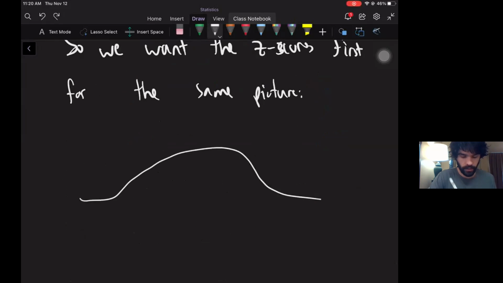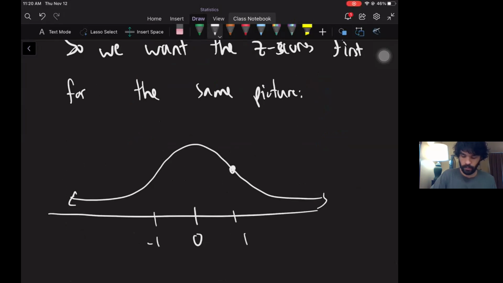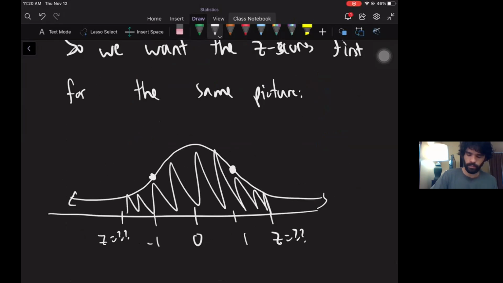So again, the idea is that when you're dealing with z-scores, you're in this situation, but now I'm trying to figure out what are these two z-scores that separate the middle 90 from the top and bottom 5%.